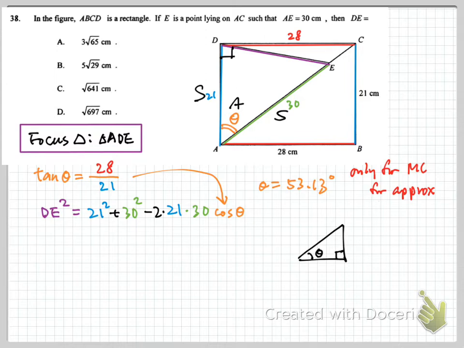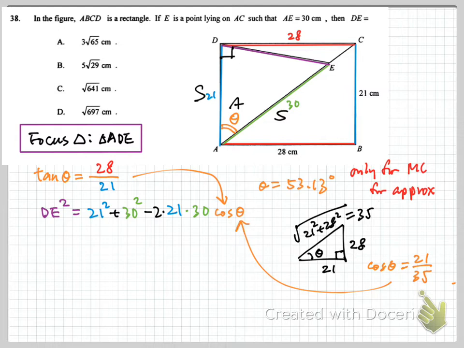We know that tangent theta will be 28 divided by 21. So we can use Pythagoras Theorem to find the missing line: 21 squared plus 28 squared, taking the square root. So this hypotenuse goes to 35. So from here, we know that cosine theta will be 21 divided by 35.